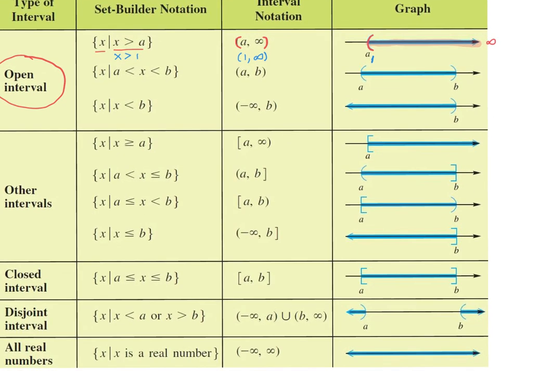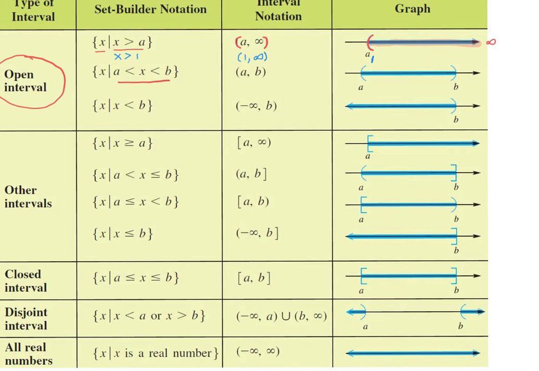In that same box, we have another case where we have an open interval. These are called open intervals because both ends of the interval notation have parentheses. So if you've got a set of parentheses, it's open. In this second example, we have x between some a and some b value.